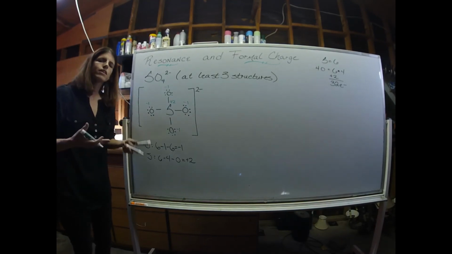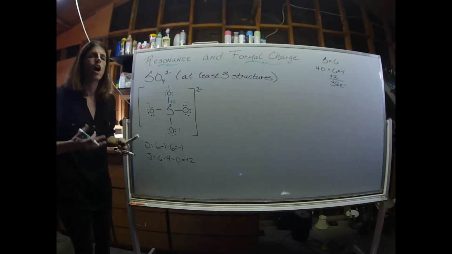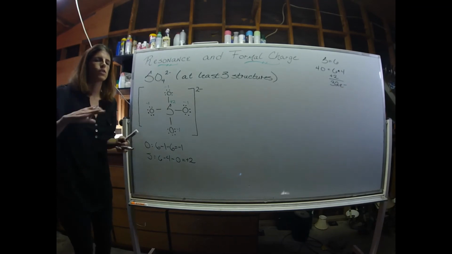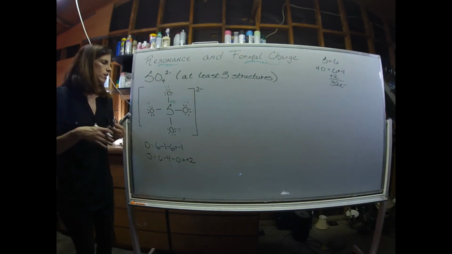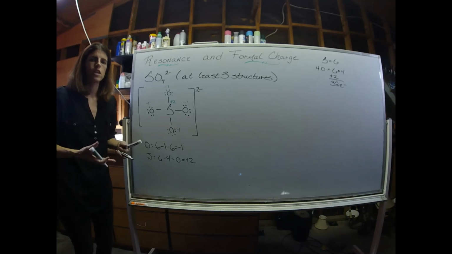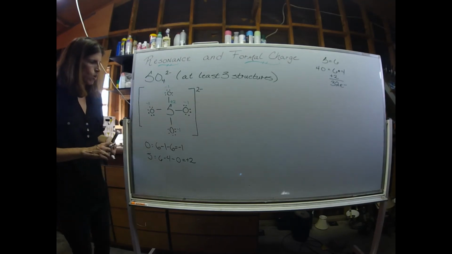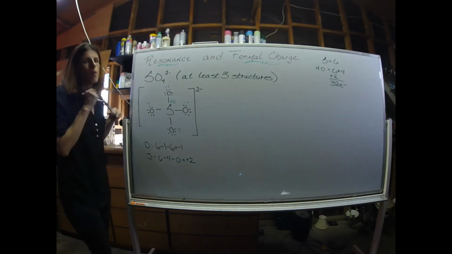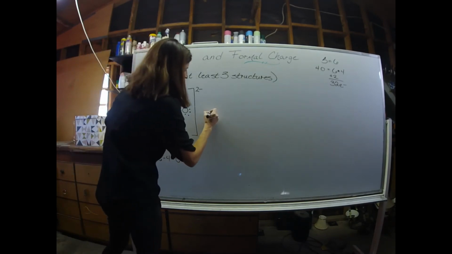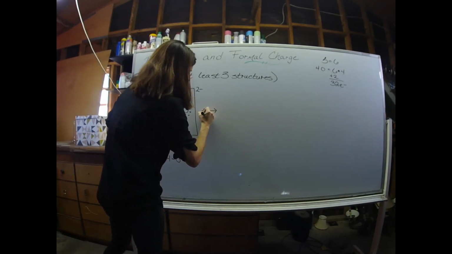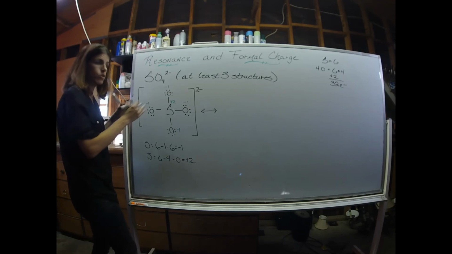Let's look at the fact that sulfur can accommodate an expanded octet. It's low enough in the periodic table that it can be an exception to the octet rule. What if we double bond one of these oxygens? I'll do my double-headed arrows because it is a structure.